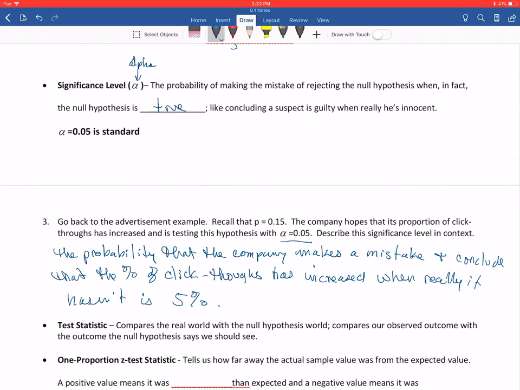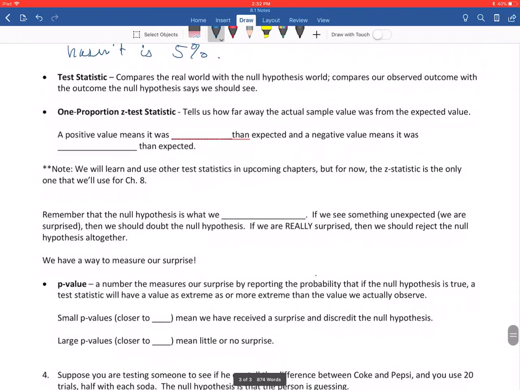That's what the 0.05 is, 5%. So it's a 5% probability that the company's going to make a mistake based off what they've seen, and they're going to conclude that the click-throughs has increased when really it didn't. Like when maybe it was just a fluke on that particular day that they were running this test.